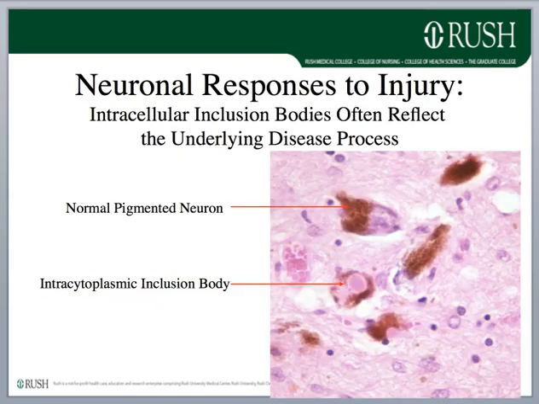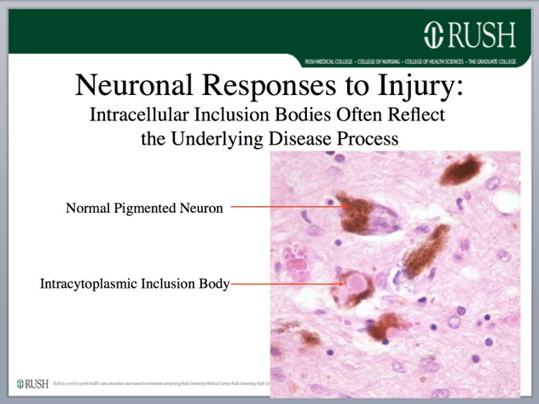Another set of neuronal responses to injury involves the acquisition of intracellular inclusion bodies. These are useful to recognize as we go through the course because they often reflect or are more specific for the underlying disease process.